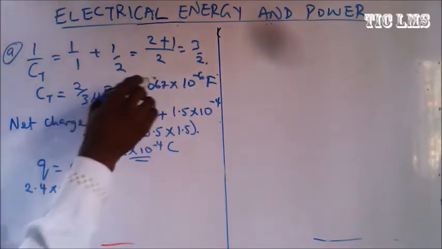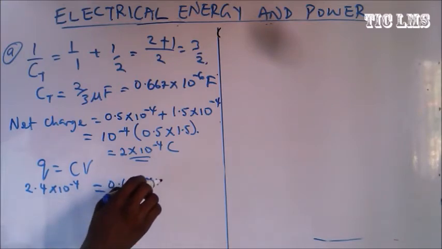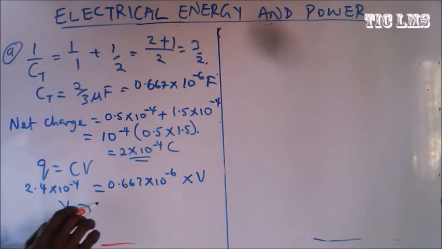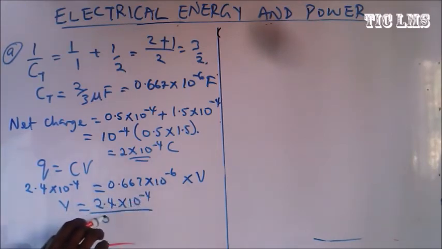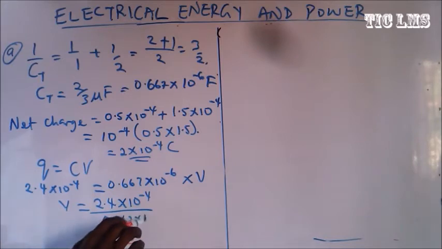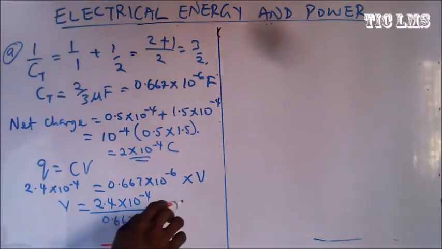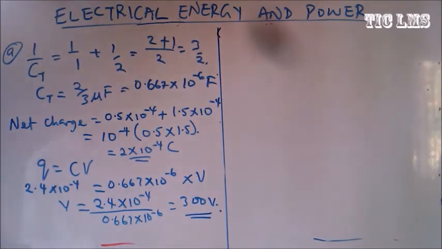Alright, so we'll bring this in. I'll have 0.667 times 10 raised by minus 6 times V. So we have V will be 2 times 10 raised by minus 4 over 0.667 times 10 raised by minus 6. When we calculate this, we would end up having 300 volts. So this is the potential difference across the combination.